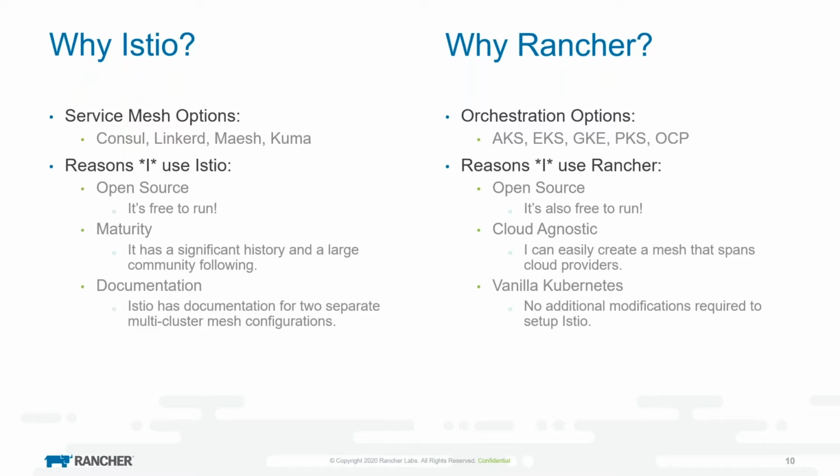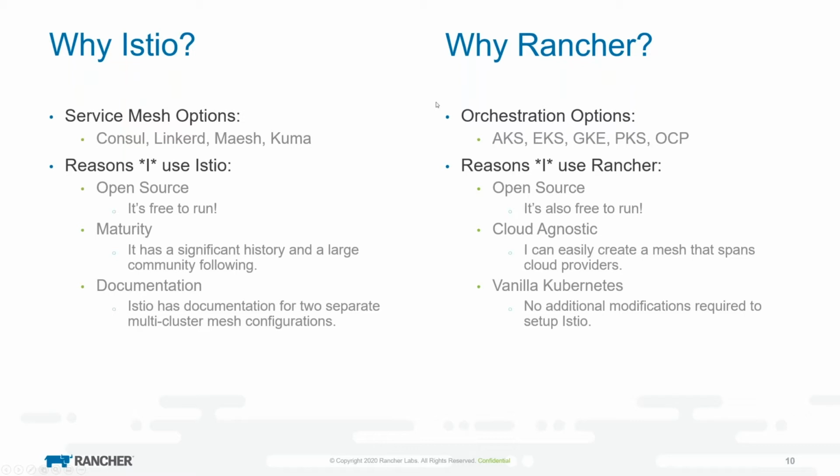The documentation itself is at istio.io, and I'll probably bring it up at some point during the demo. On their website, they have both replicated and shared control plane Istio instructions right at the front with your installation options.